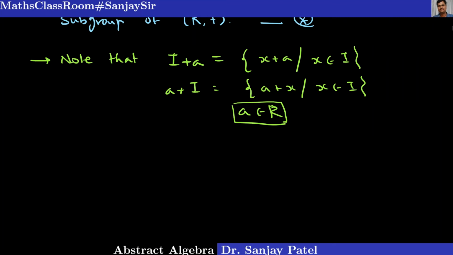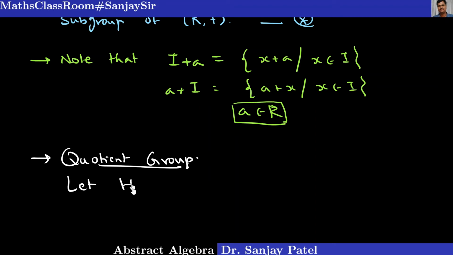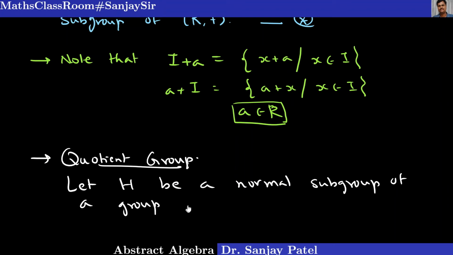And now let us recall the meaning of quotient group. What is a quotient group? For defining a quotient group, we take a normal subgroup of the group G. So we always start like this. Let H be a normal subgroup of a group G, star.